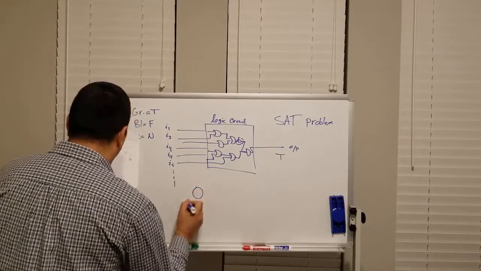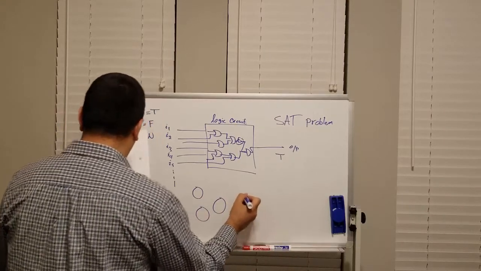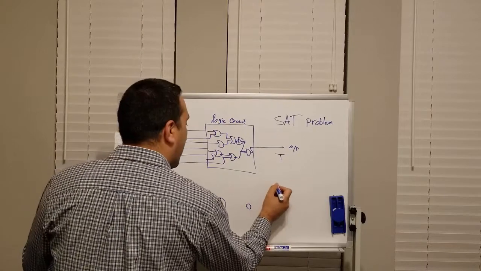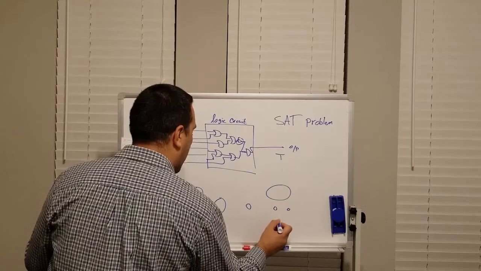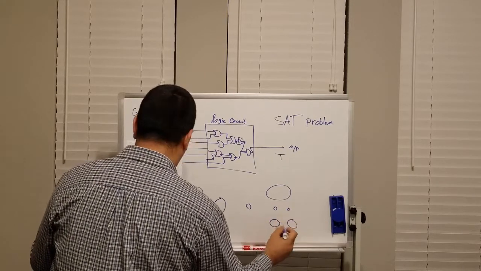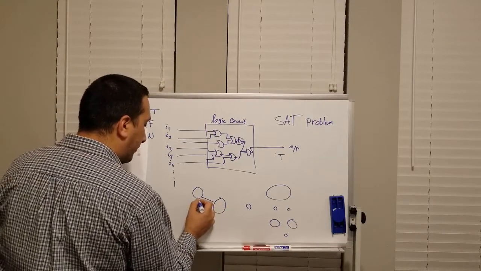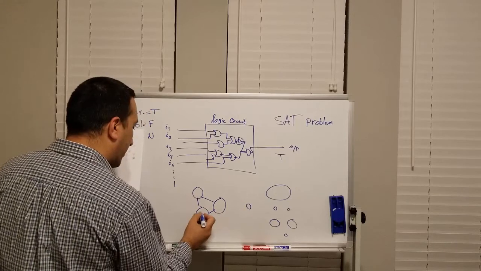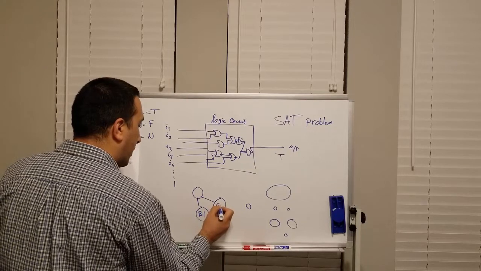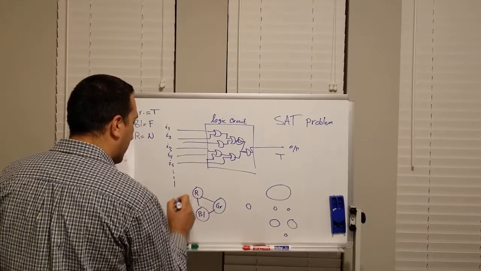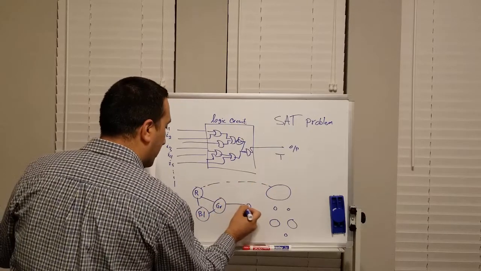So if we have this graph like this, and these are little graphs or little vertices. Let's say this is blue, this is green, this is red, and it's connected in here, this is connected in here.